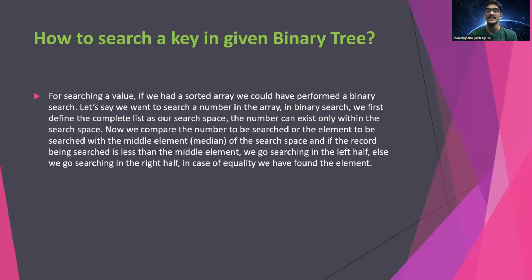We know that in binary search, we take a sorted list or a sorted array of numbers, and if we want to find any number, which we can name as a key, in the sorted list, then first we check the middle element of the array.